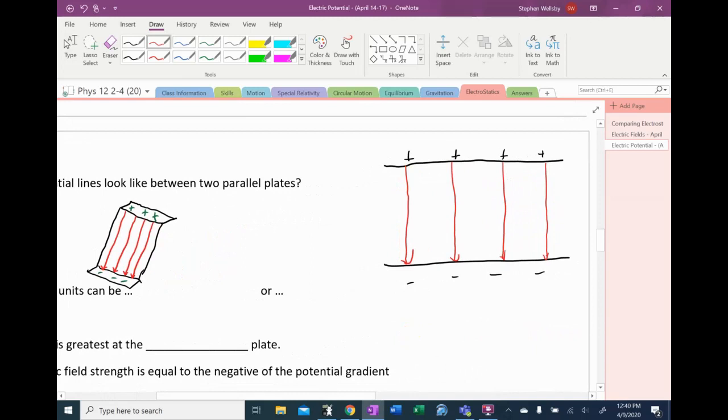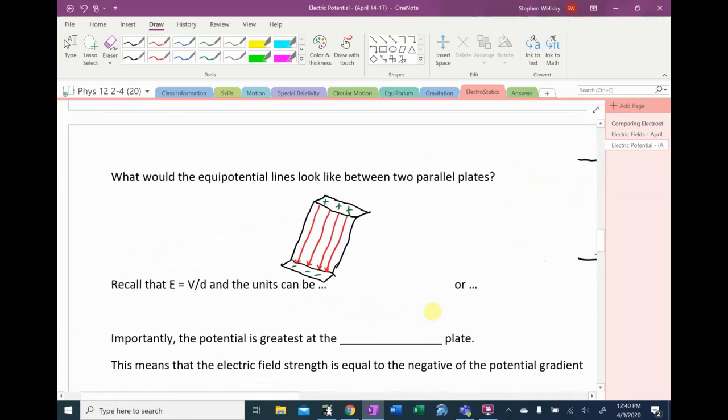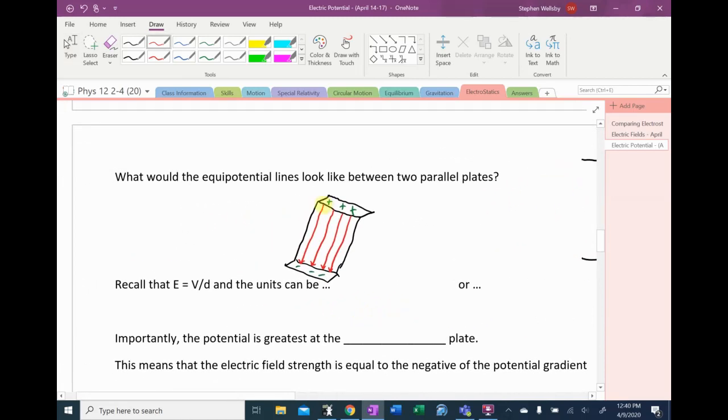Of course we know it would go away from the positive plate and towards the negative plate, so these field lines would all be pointing downwards. If you're considering this as a positive charge, it would move down from positive to negative, or if you were considering this as a mass, it would move from the top of the ramp down to the bottom of the ramp. So just a nice comparison.